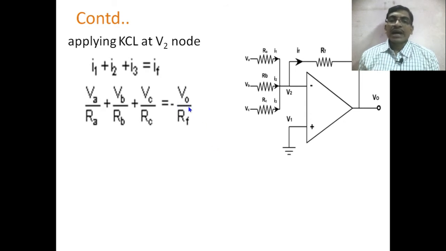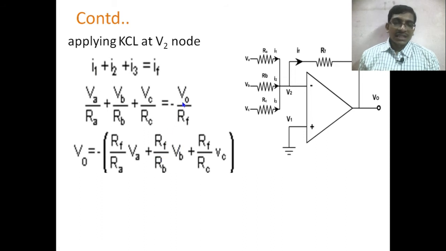So why is it minus V0 by RF? Because we are calculating the IF current in this direction: V2 minus V0 divided by RF. But we know that V2 is equal to 0. Therefore, 0 minus V0 by RF, which is minus V0 by RF.